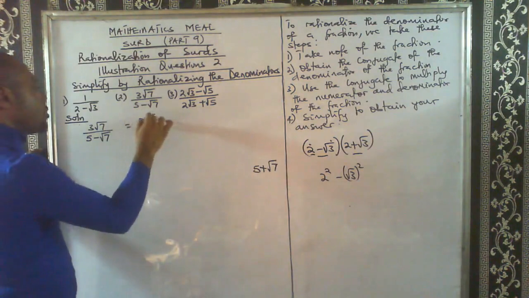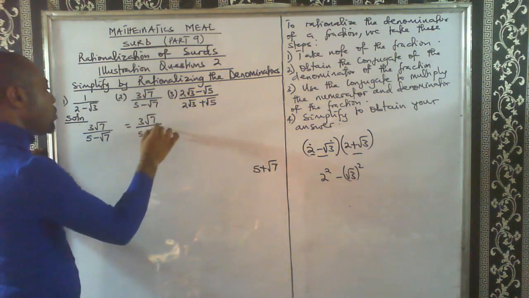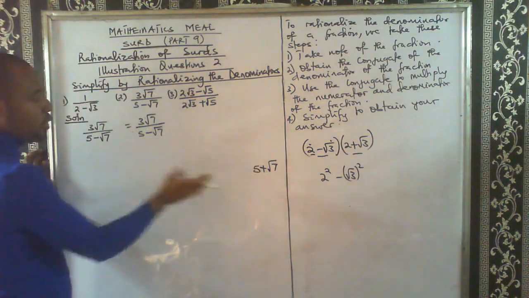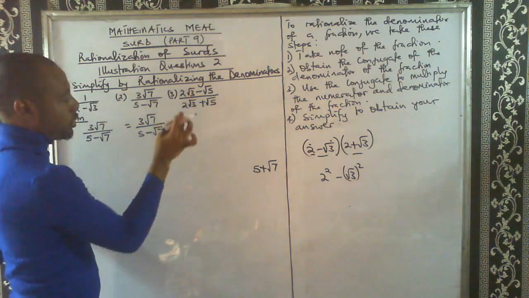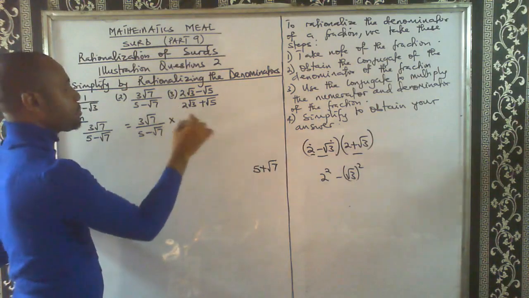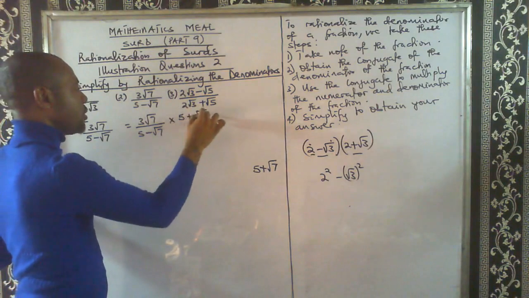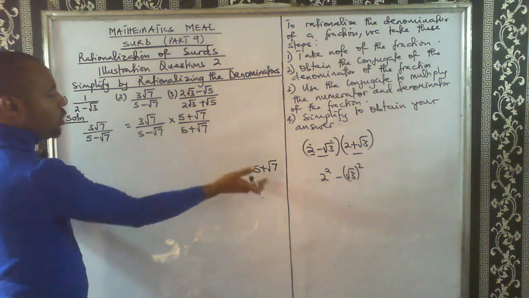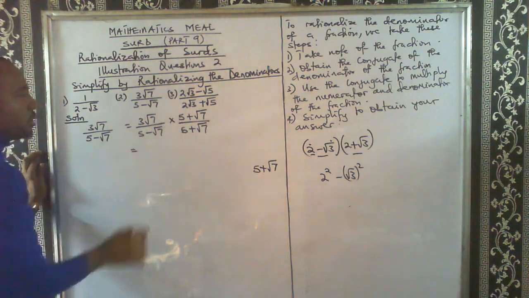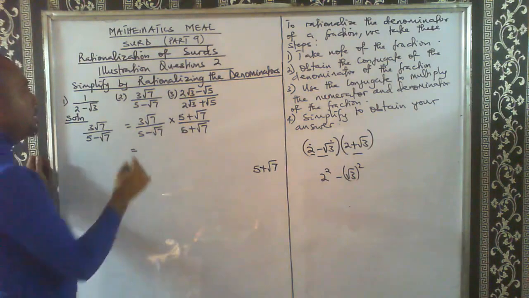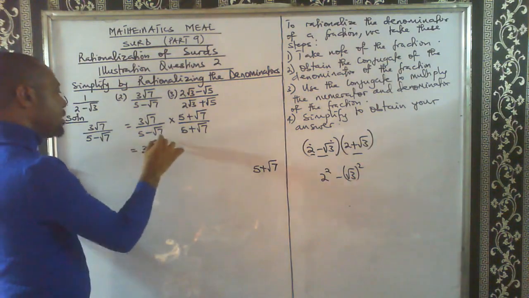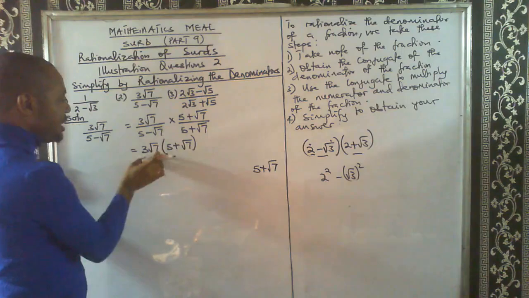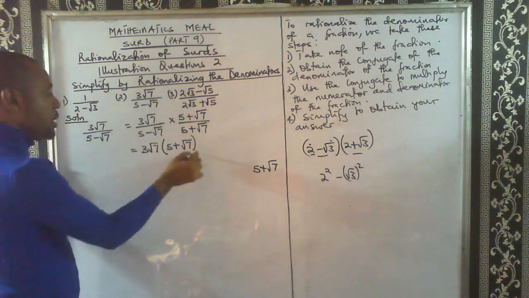So we have 3 square root of 7 divided by 5 minus square root of 7. The conjugate is this. We have obtained the conjugate of the denominator. So we use this conjugate to multiply the numerator and the denominator, times 5 plus square root of 7 all upon 5 plus square root of 7. If we multiply 3 root 7 times 5 plus square root of 7, this will still open up the bracket.